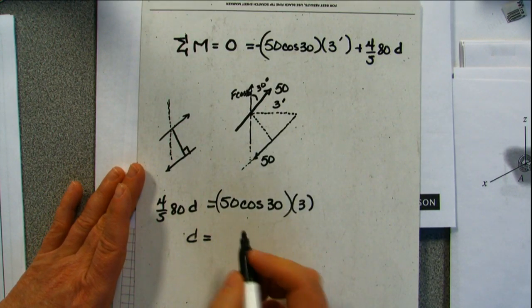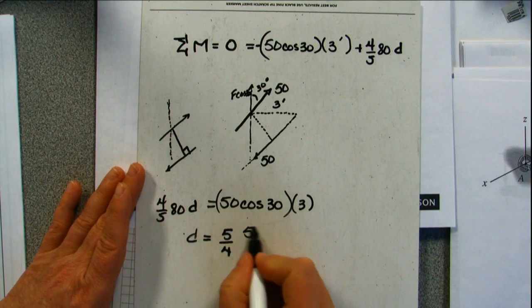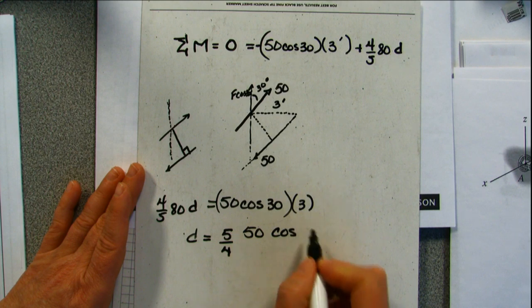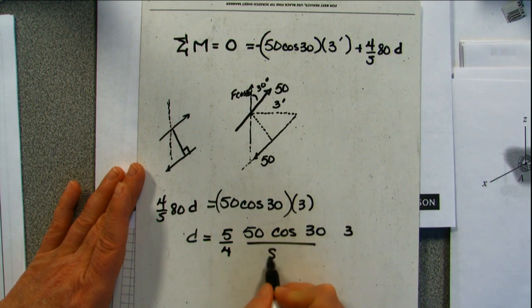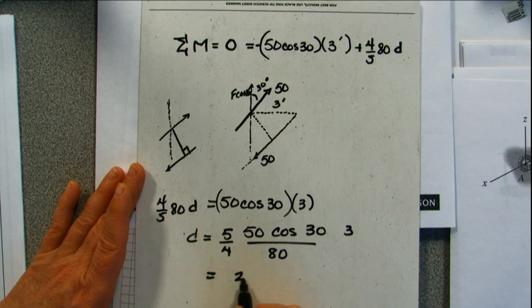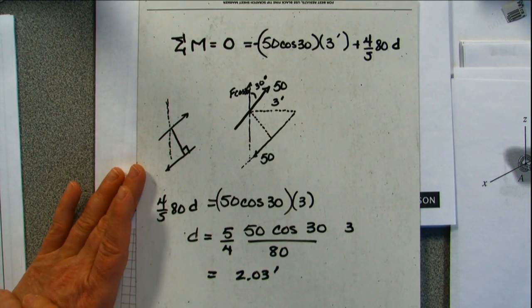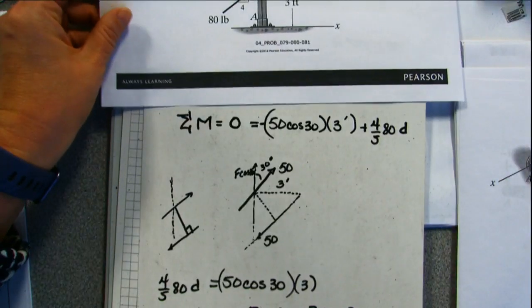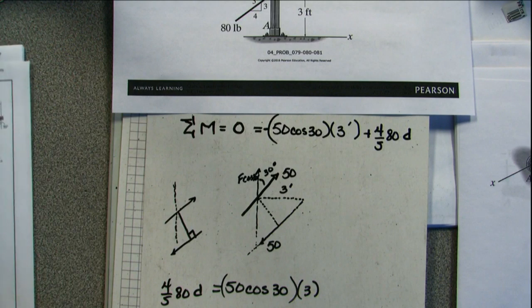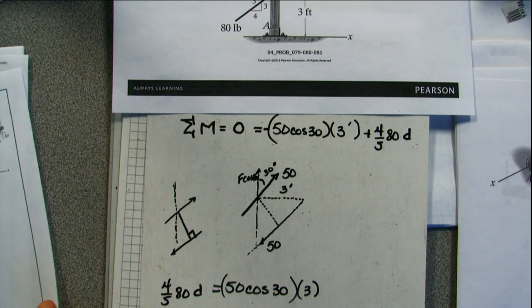D is equal to 5/4, 50 cosine 30, with a 3 out here divided by an 80 out there, and it works out to 2.03 feet. Yeah, that would look a lot more intimidating than.